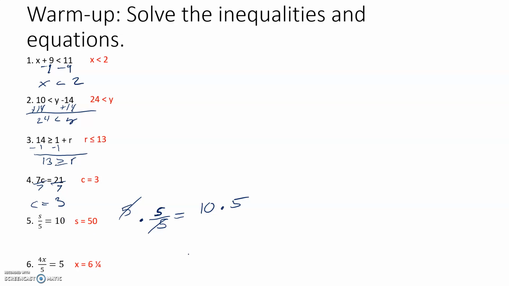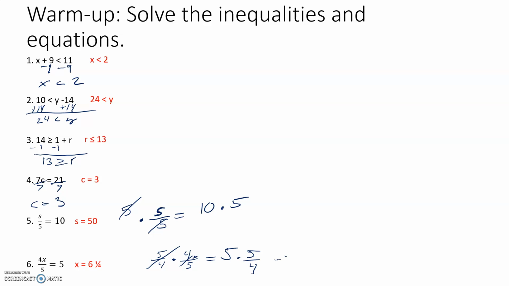Number 6, 4/5 x equals 5. So I'm going to multiply that by the reciprocal, so times 5/4, and then times 5/4. And these cross each other out, so I'm left with x equals 5 times 5/4, so that'd be 5 times 5 is 25.